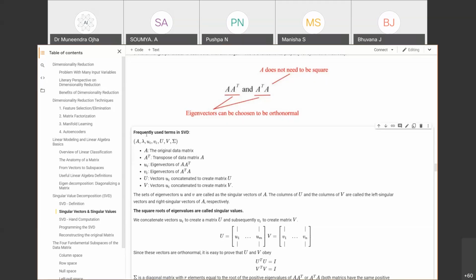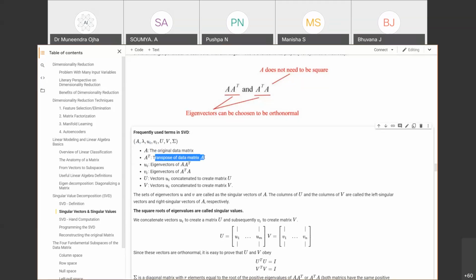So at this point, we have these terms: A, our original data matrix; lambda, our eigenvalue; ui, vi, U, V, and sigma. A is the original data matrix.